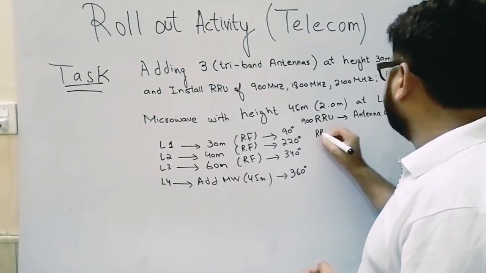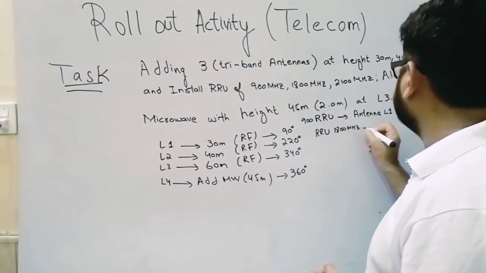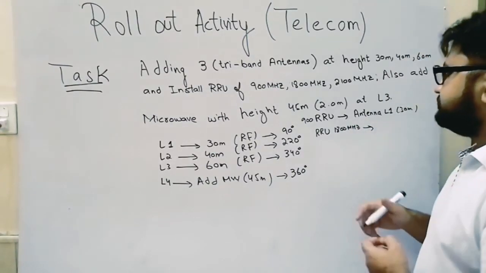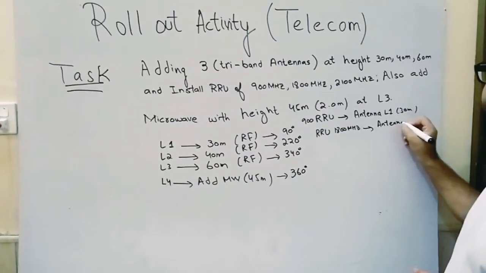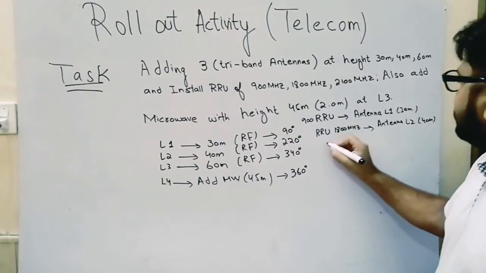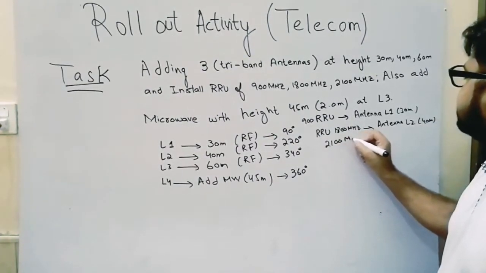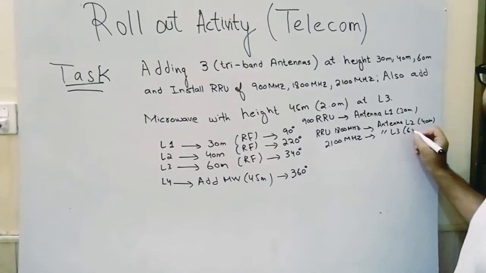For RRU 1800, add it with the antenna at leg 2 at 40 meter. For 2100 megahertz, it is for leg 3 at 60 meter.